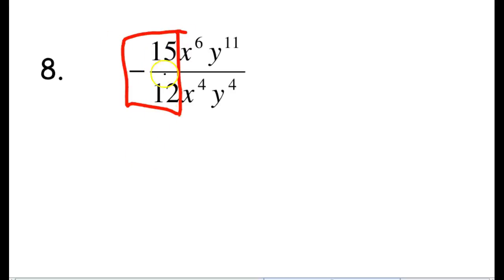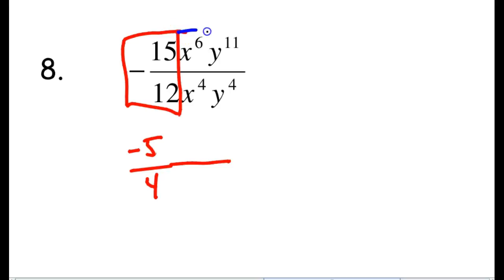So divide top and bottom by, let's say, 3. 3 goes into both, so 15 divided by 3 is 5. And 12 divided by 3 is 4. So that's the beginning, just simplifying the coefficients.